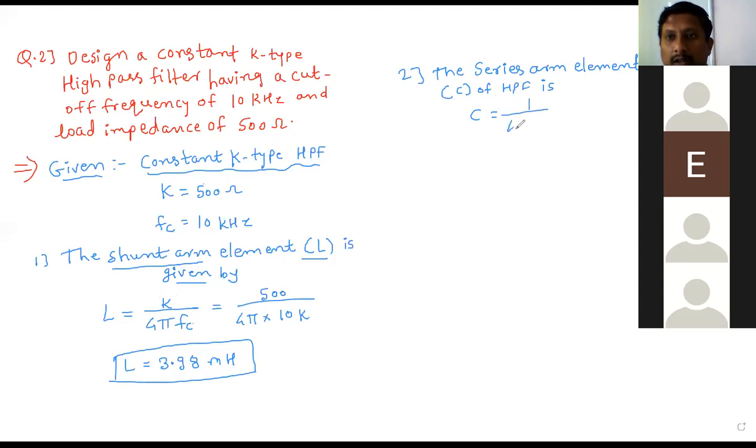So 1 upon 4 pi KFC. So put all these values and find out the answer of C. 1 upon 4 pi into 500 into 10K. 0.015 microfarad.